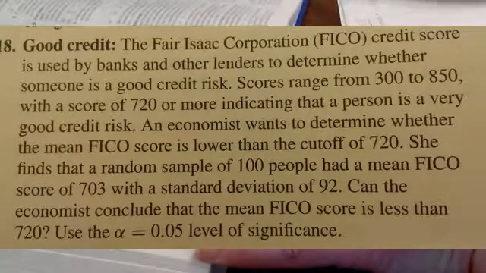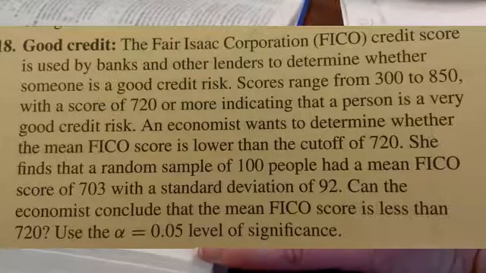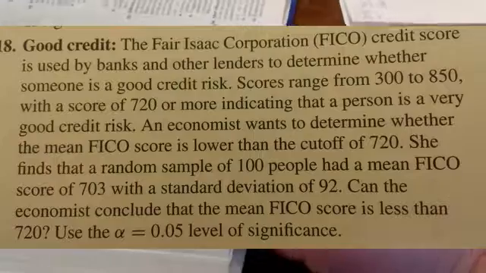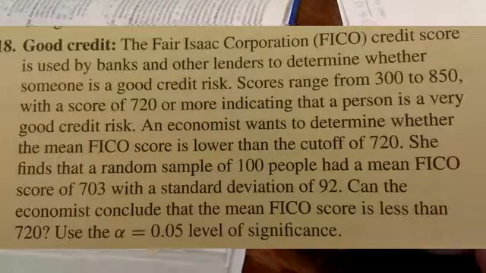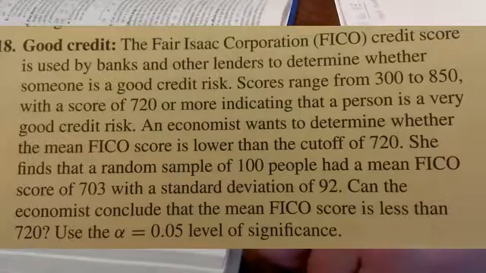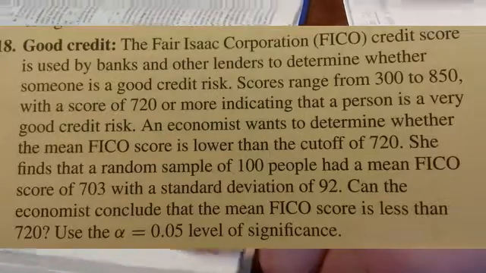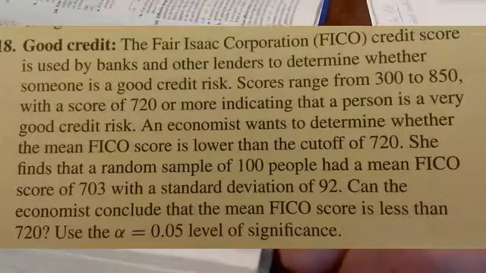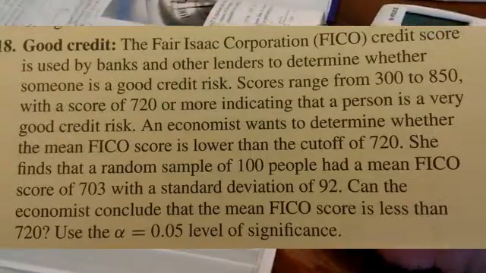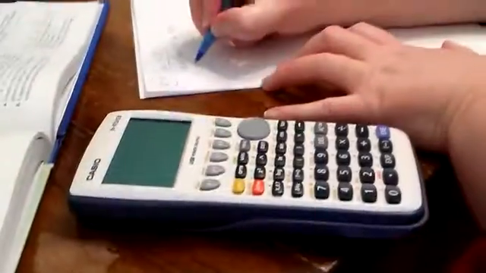The Fair Isaac Corporation credit score is used by banks and other lenders. Okay, that gives us some information about that. Let's go down to the question. Can the economist conclude that the mean FICO score is less than 720? Okay, so I know this is a hypothesis test question because it asks that can we conclude question. And let's work this out.